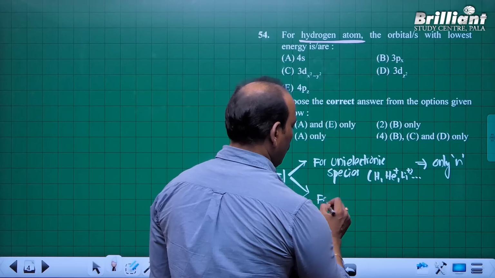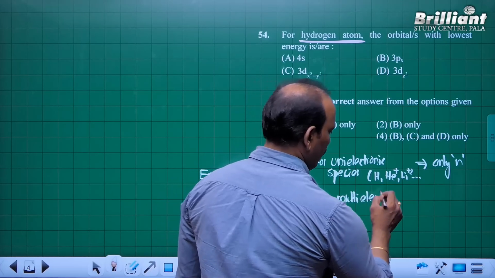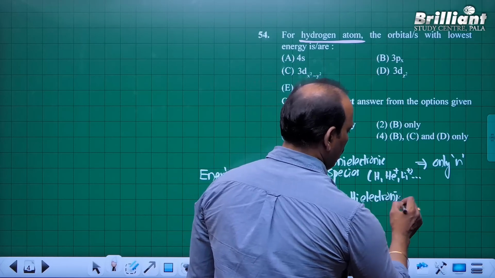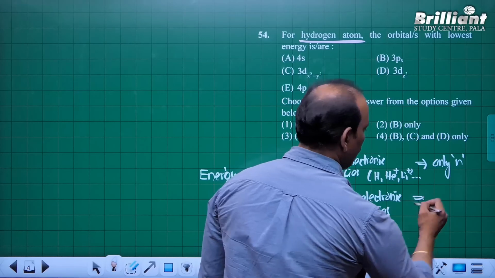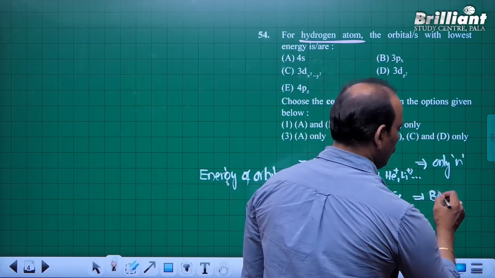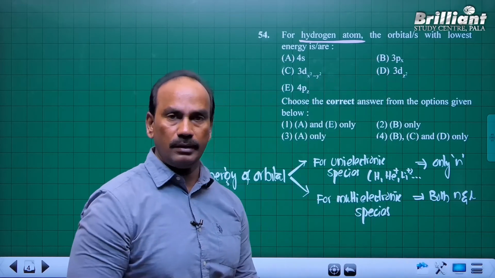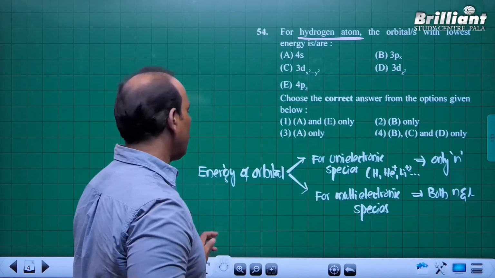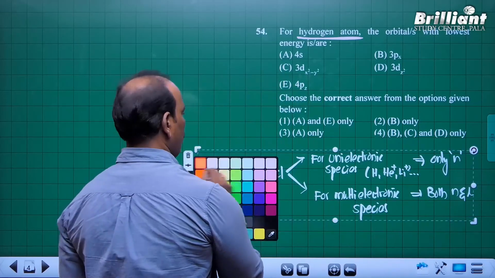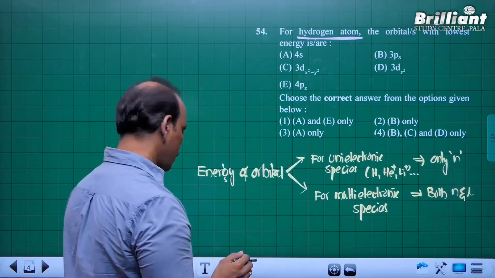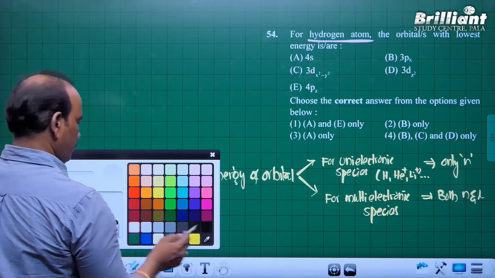For multi-electronic species, the energy depends upon both n and l. Okay? So here, now we are going to the uni-electronic system.